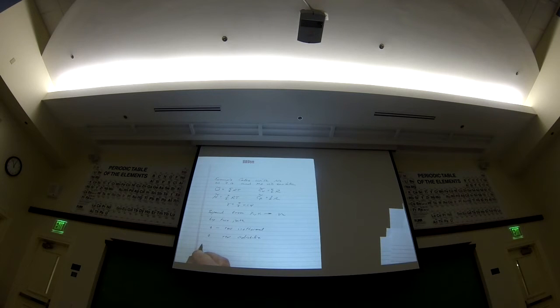We have N moles of nitrogen, ideal gas, and just make these numbers up, 6 atmospheres and 2 liters and 300 Kelvin.